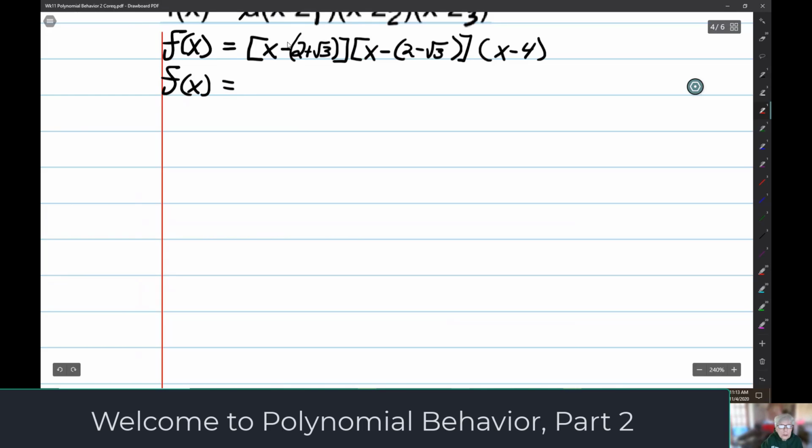Okay, I am going to distribute the negative sign, which is multiplication, in here and in here, and this one in here and in here.